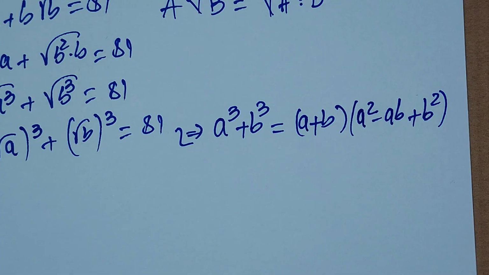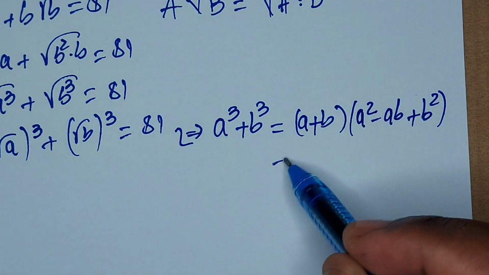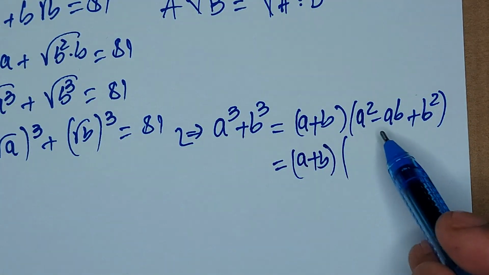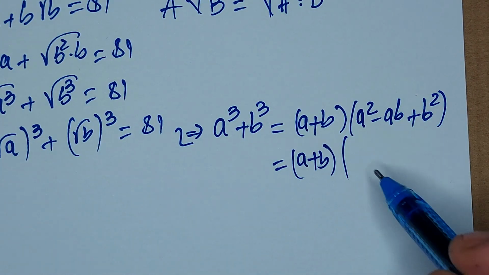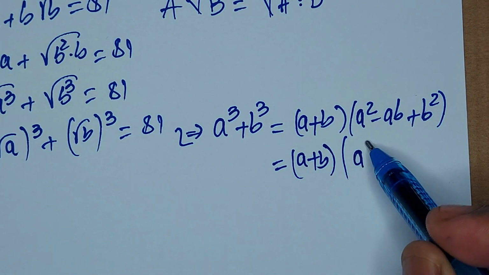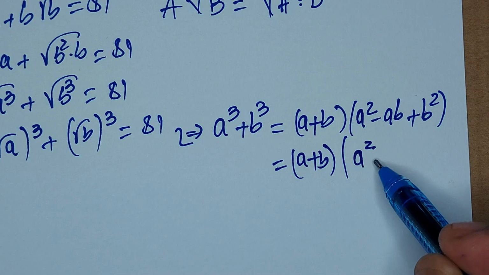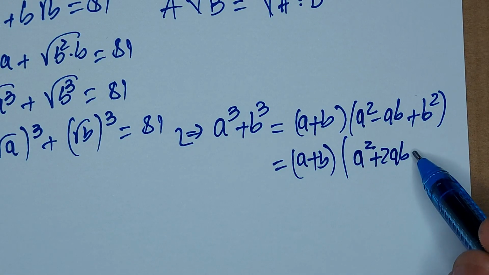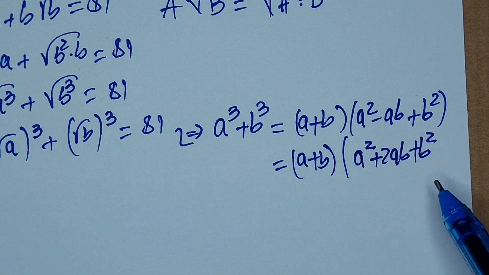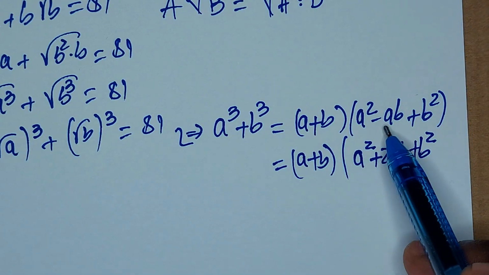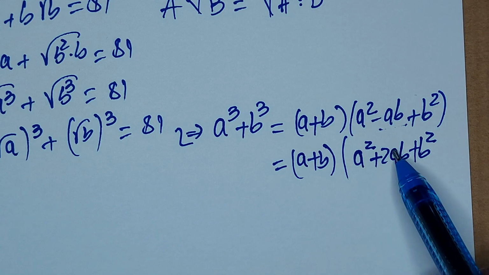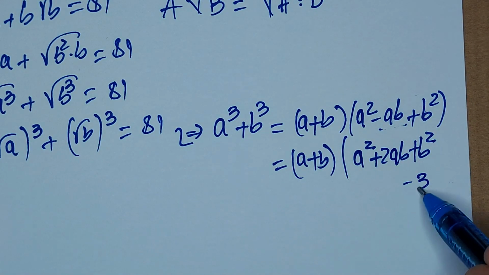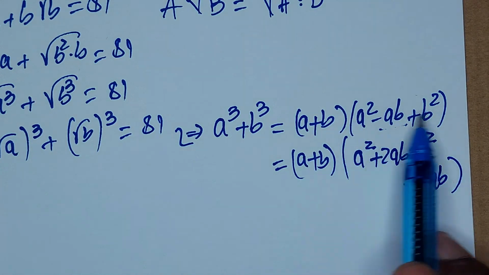Remember that if we complete the square here, we're gonna have a squared plus 2ab plus b squared. Remember, we have minus ab. I have here 2ab, so I have to add minus 3ab to have the same thing as here.